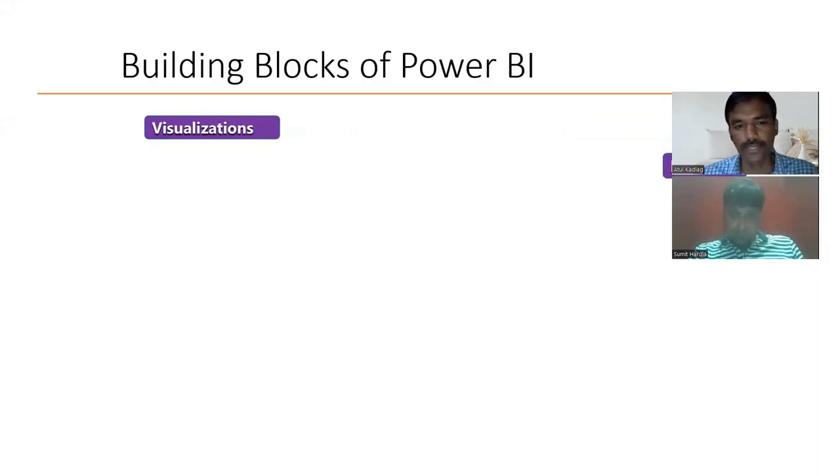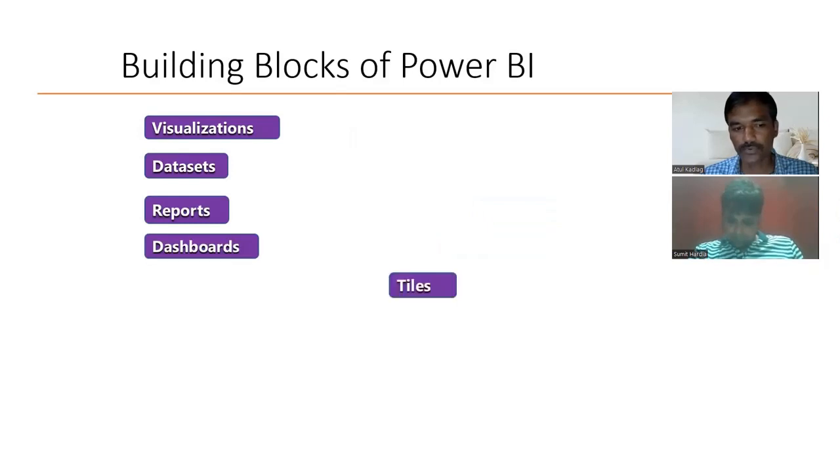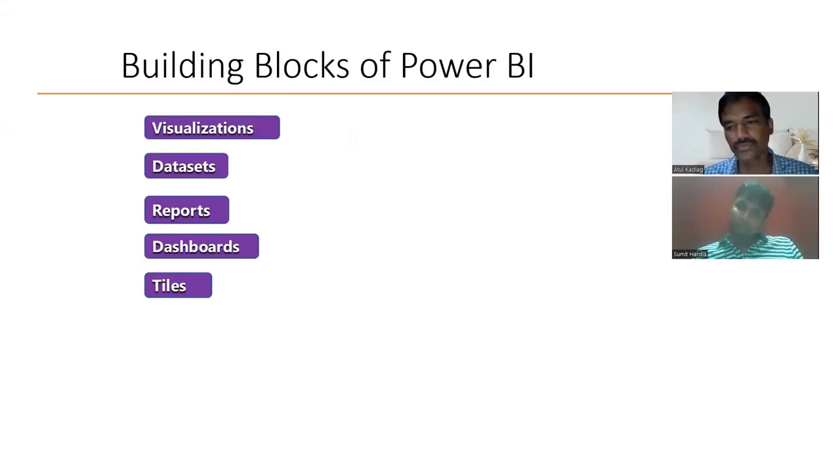As we have seen, visualizations, data sets, reports, dashboards, and tiles are the building blocks of Power BI. When it comes to creating any application like a dashboard, it's not just a single component. Visualizations is one thing, containing graphical charts like column charts and bar charts.